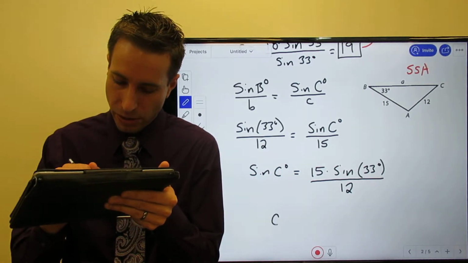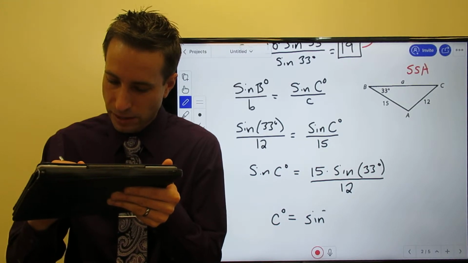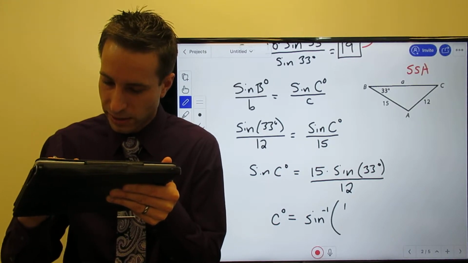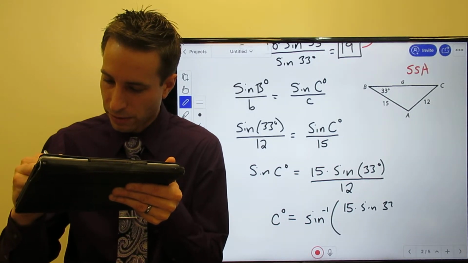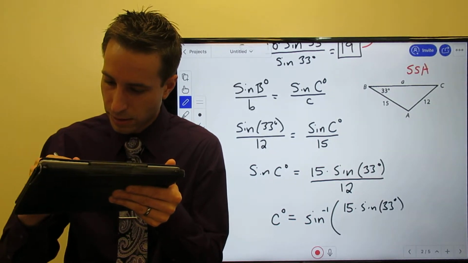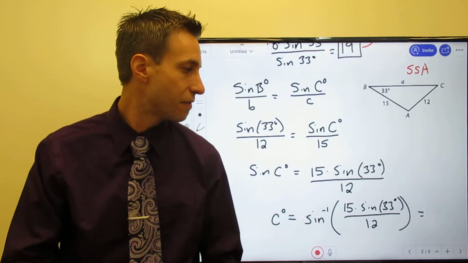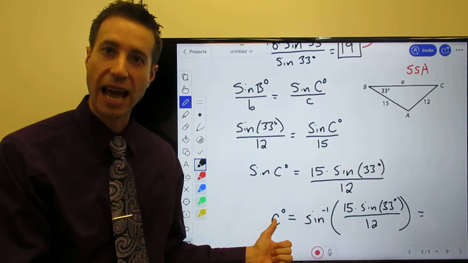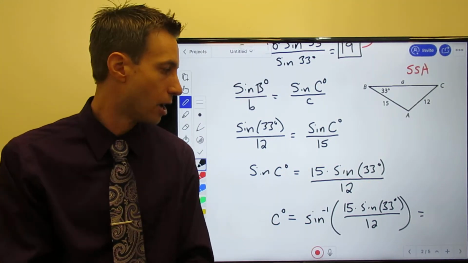You should be familiar with taking an inverse. So I know that the inverse sine of all this, 15 sine of 33 divided by 12, is going to give me the measure of this angle. To solve for the angle, I have to take the inverse sine.